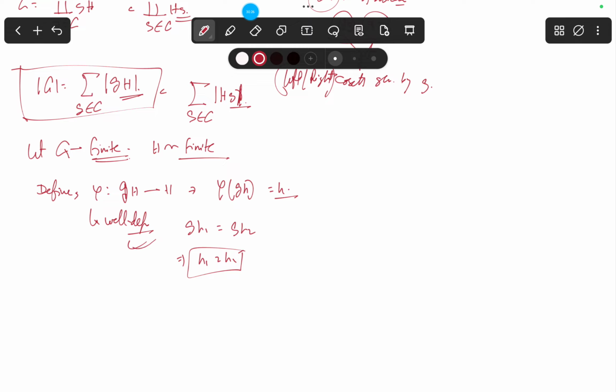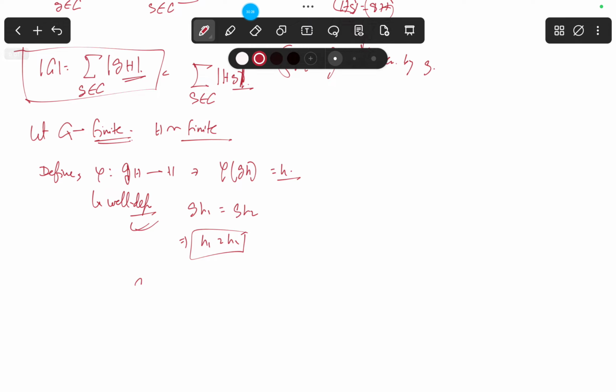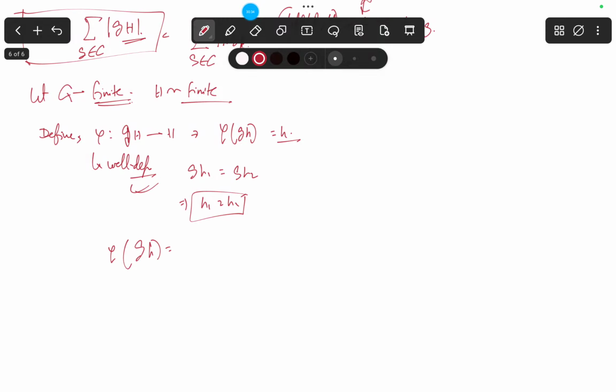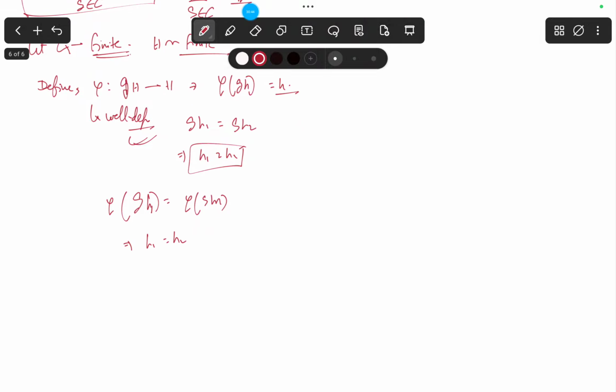So it is well defined. In fact, if you consider phi of gh1 is the same as phi of gh2, that will imply that h1 is the same as h2, which means that gh1 is the same as gh2. So that means it is injective.